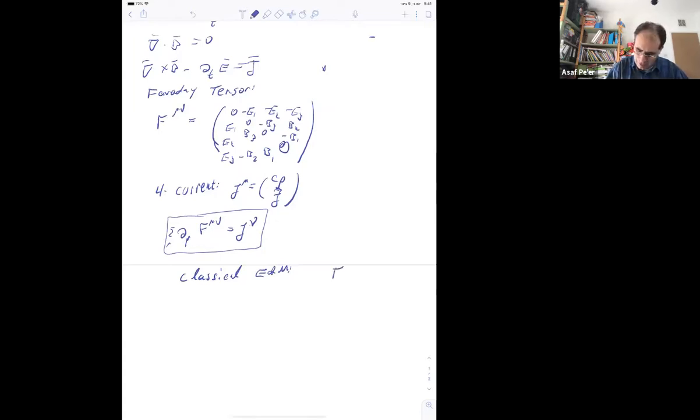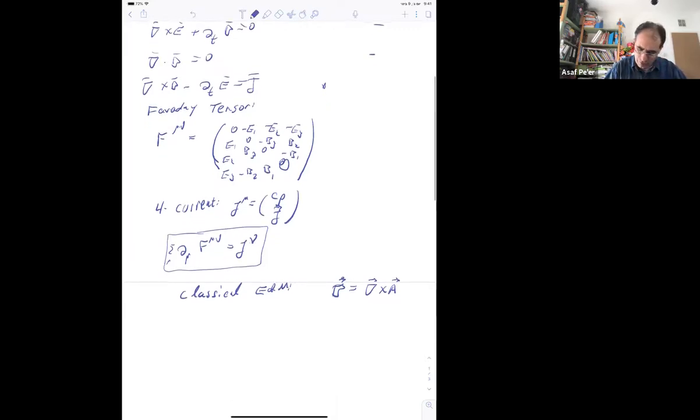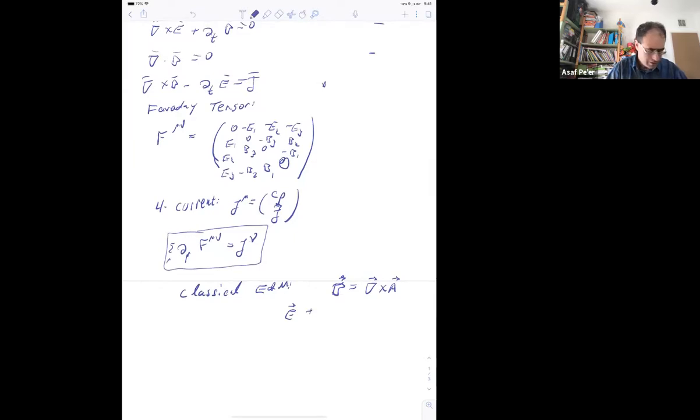You can always write down B equal nabla cross A. And since the divergence of a curl is always 0 for any vector A, this automatically fulfills the Gauss law for magnetization, right? This equation here. And then there was an introduction of the scalar potential phi, because we could always write down E plus dt A as some gradient of phi.